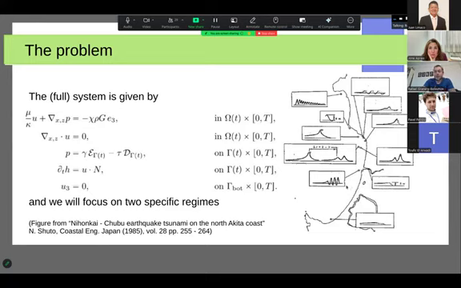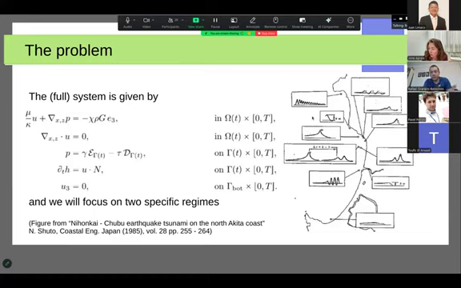In this particular part of the coast of Japan, the surface of the water behaves like this, while in this other region of the coast of Japan, the surface of the water behaves very differently. Here you see rapid oscillation. Here you just see a single peak. So this is what I mean by different physical regimes.